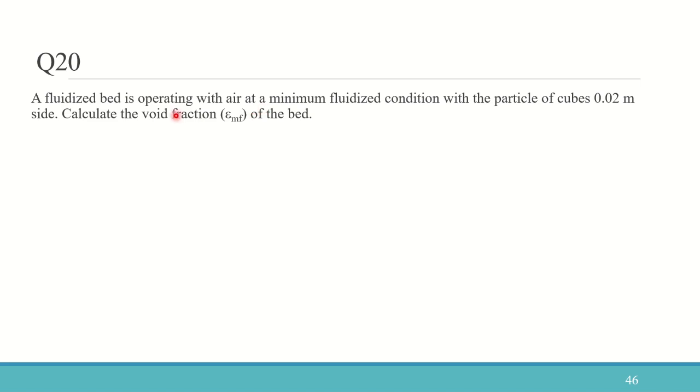Now we'll go to question 20. A fluidized bed is operating with air at minimum fluidized condition with particles of cubes of size 0.02 meter. Calculate the void fraction of the bed.